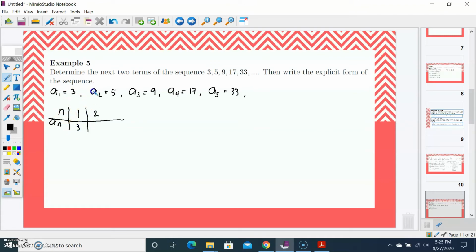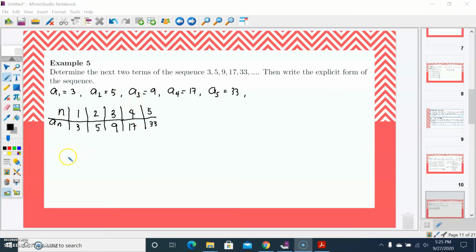If I let n be equal to 2, then I'm looking for the value of a sub 2, that is 5. Completing the table, 3 corresponds to 9, 4 corresponds to 17, and then we have 5, which corresponds to 33. So we have this table.